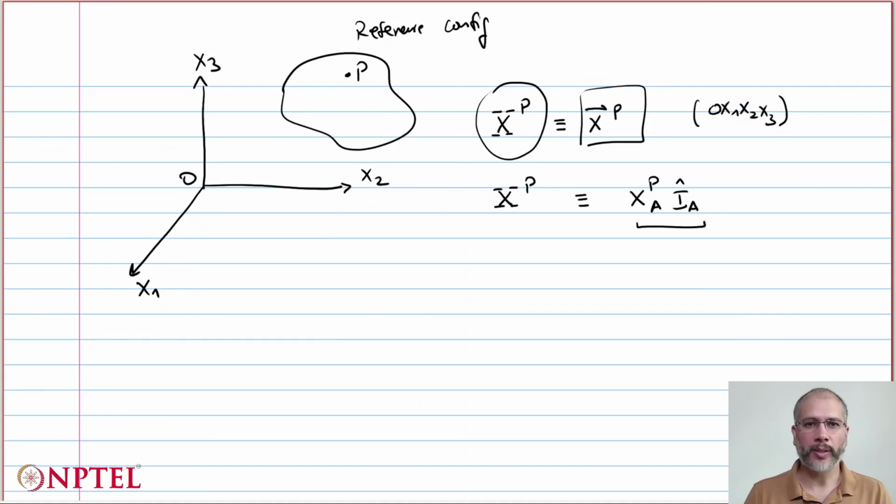It's a very important point because till now I was referring to the particle P using its ID. Now I can also refer to the particle P using a position vector, which is this capital X^P.